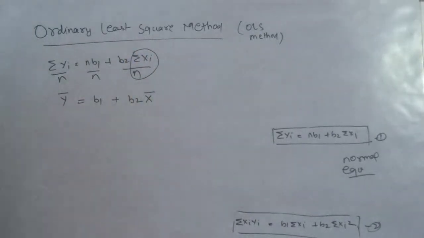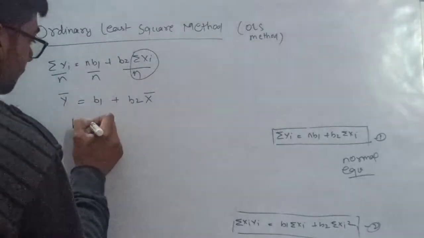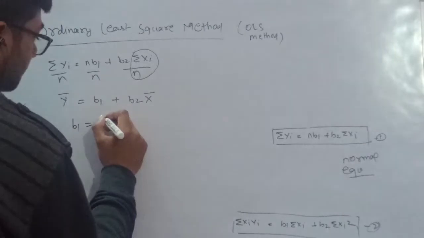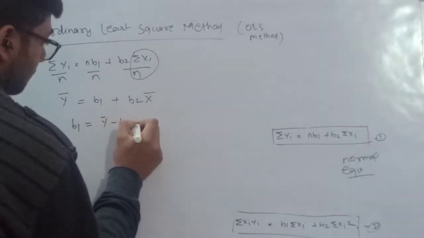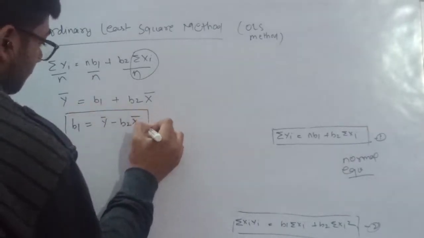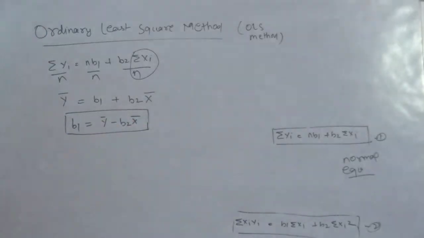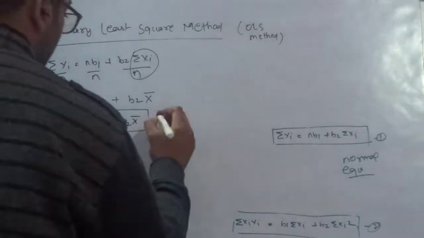Now from here we will find the value of b1: y bar minus b2 x bar. This is equation third.